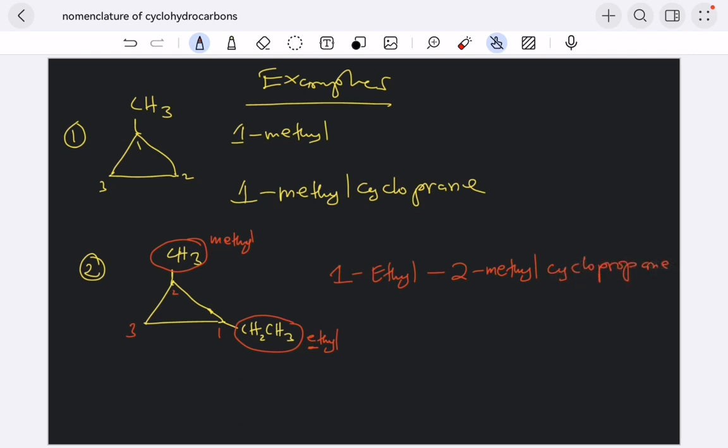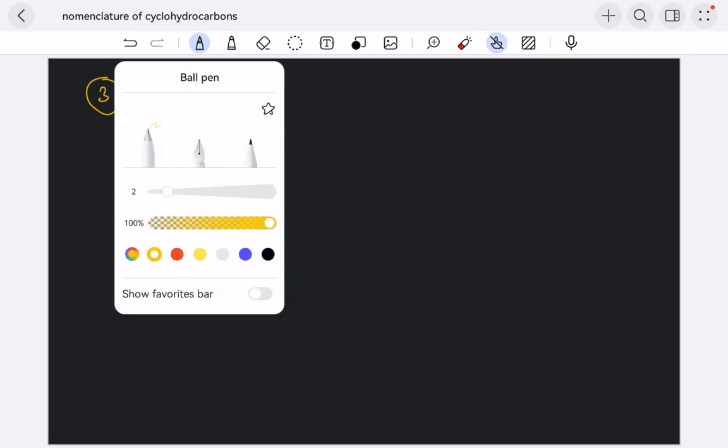Let's look at another example. Let's say we have something like this, a cyclobutane, then we have a CH3 here, then we have a CH2, CH3 there. Considering these as substituents, we know that this is an ethyl, that is a methyl.